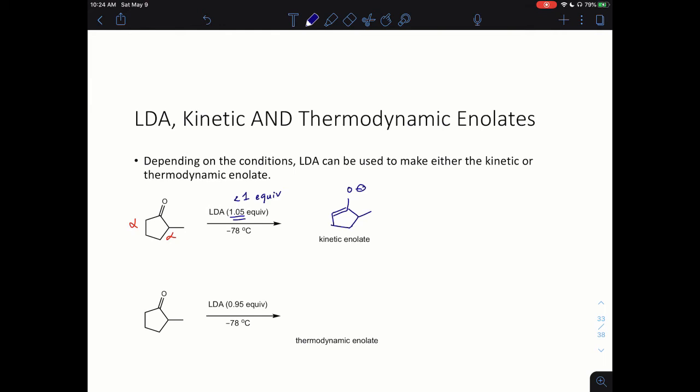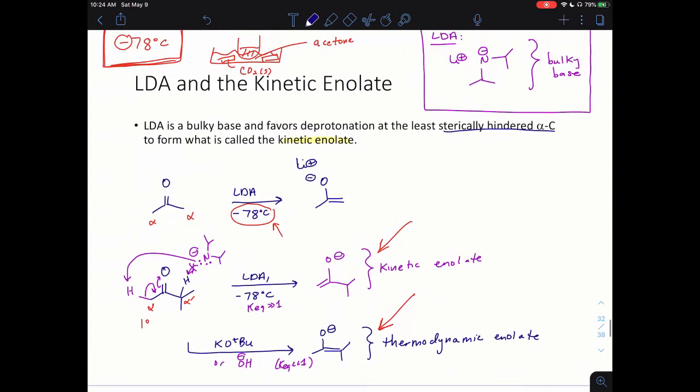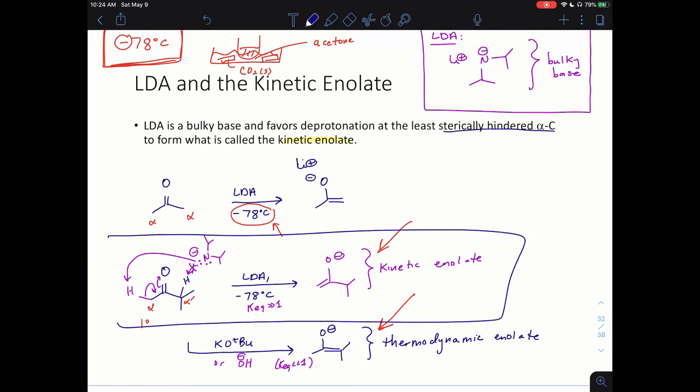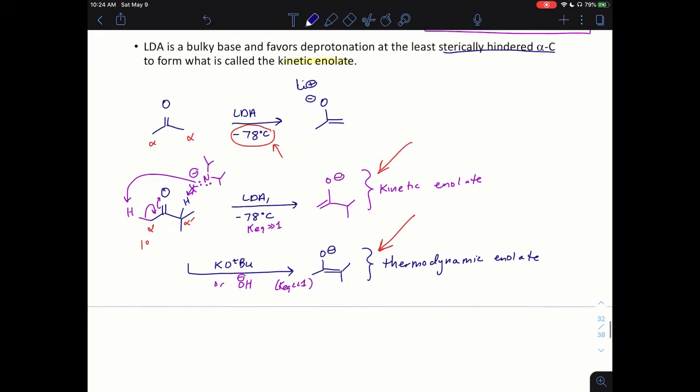That just ensures that there's no unreacted ketone around, that all of the ketone is deprotonated. All right, so that's just the normal use of LDA, exactly what we were talking about right here. I just didn't mention that equivalent thing.